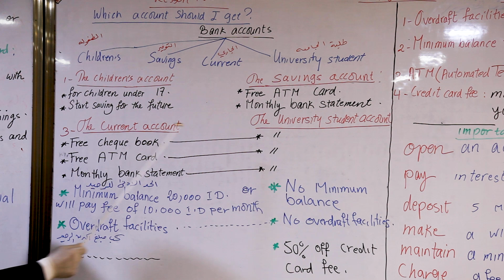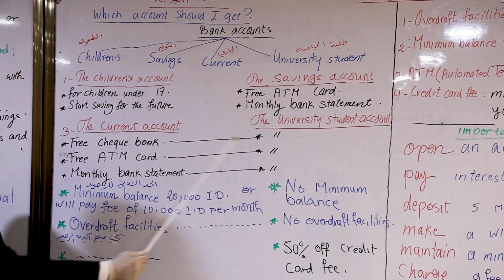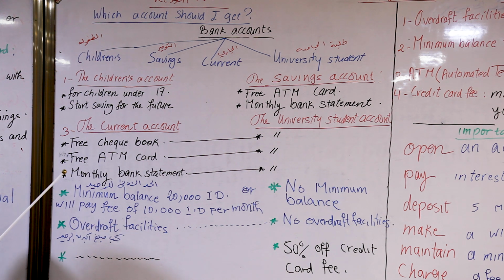The third one and the fourth one, they are the most important two accounts. Why? Because of the comparison, and we use many idioms, economic idioms. The points 1, 2, 3 are similar for both the accounts.